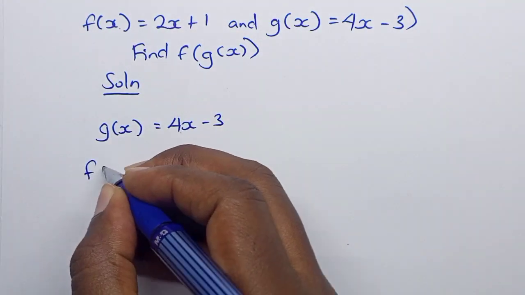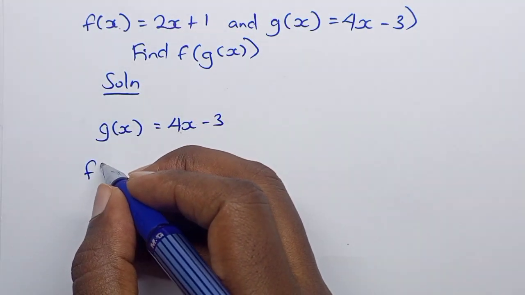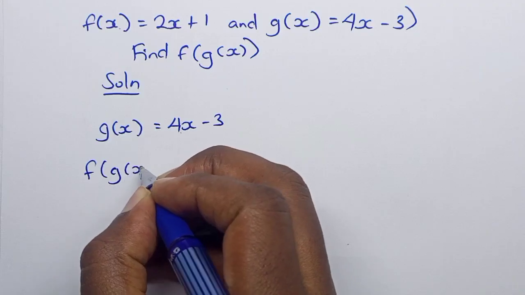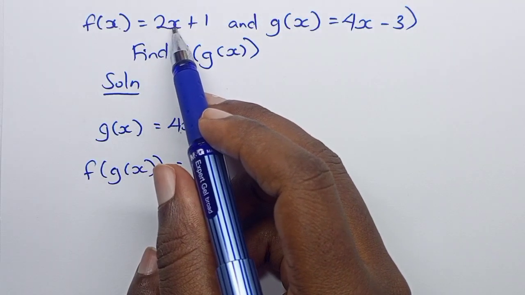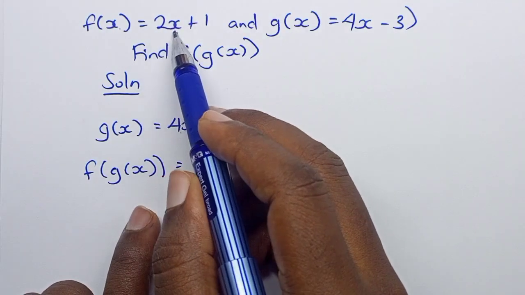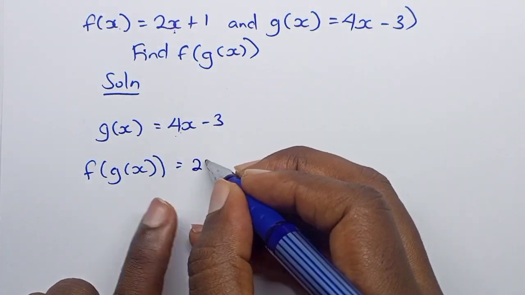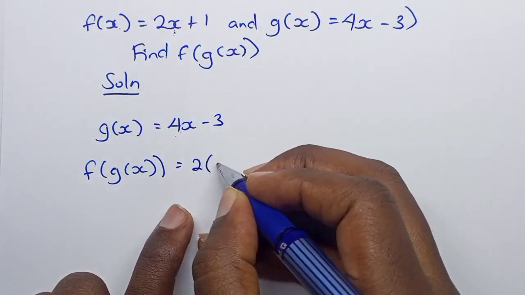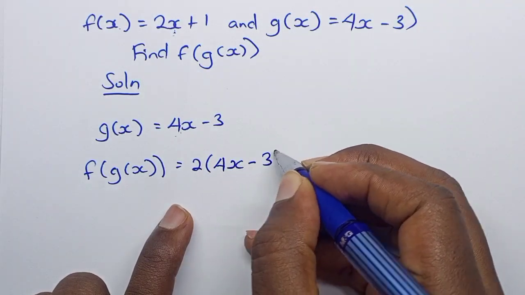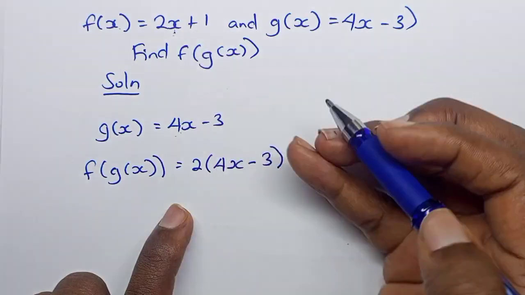So f of g of x then will become, now this is the function for f of x. So for every x we put this. So we shall have 2 into x, which becomes this g of x, 4x minus 3, then plus 1.